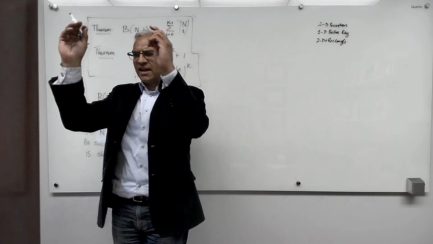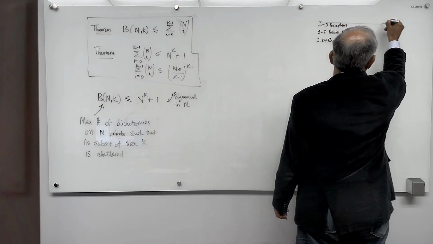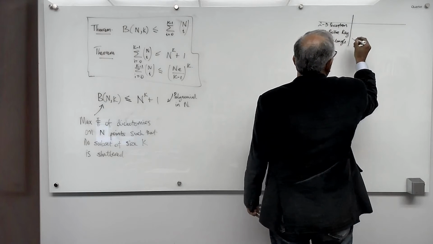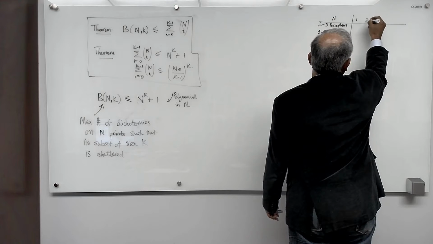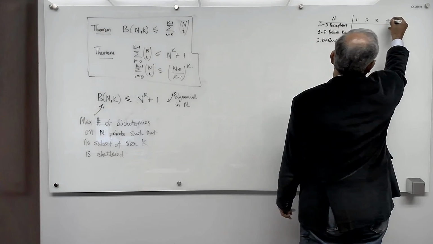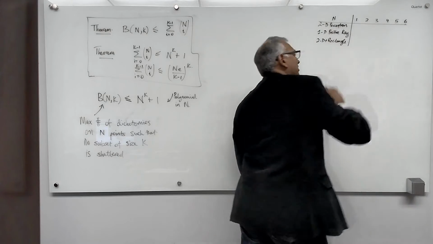This was the axis-aligned positive rectangle. And then for various n, for n equals 1, 2, 3, 4, 5, and let's say 6, we computed m sub h of n.